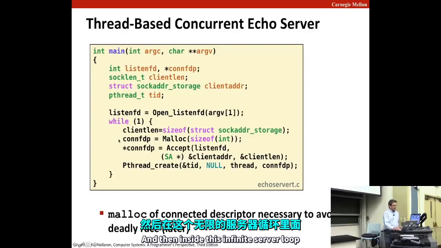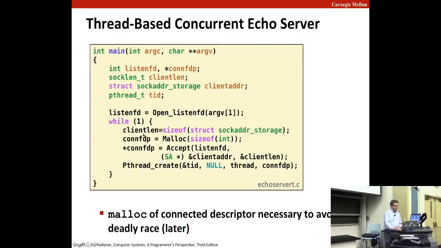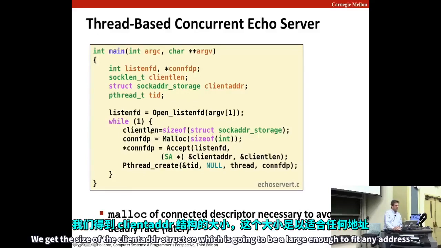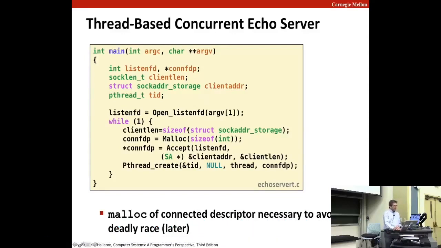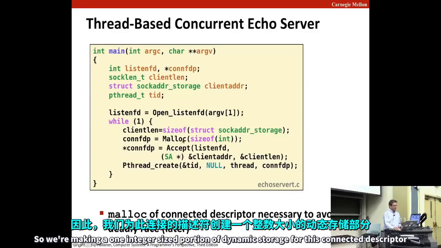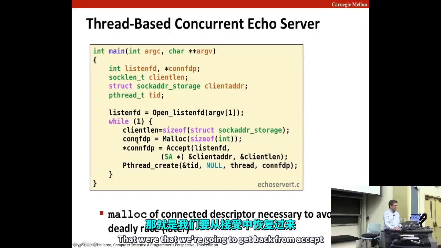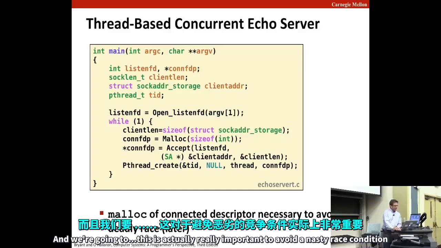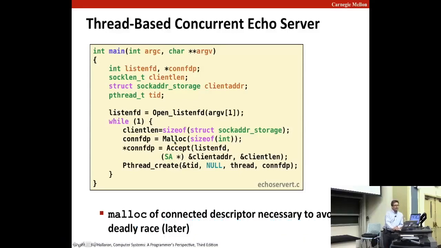Then inside this infinite server loop, we get the size of the client address struct, which is large enough to fit any address. And then we malloc space for the connected file descriptor. We're mallocing one integer-sized portion of dynamic storage for this connected descriptor that we're going to get back from accept. This is actually really important to avoid a nasty race condition that I'll show you in a second.